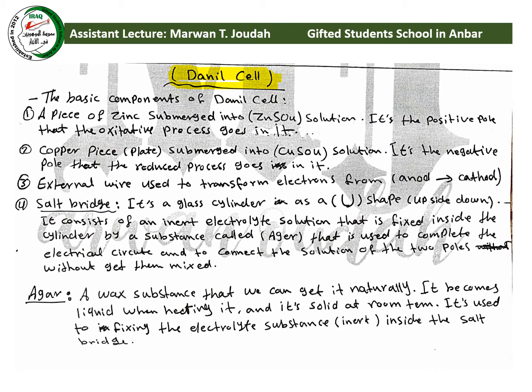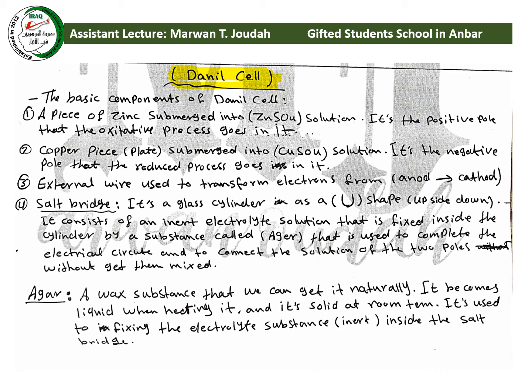So the element is submerged into its salt. Zn into ZnSO4 and Cu into CuSO4 solutions. The negative pole is where the reduction process goes on.